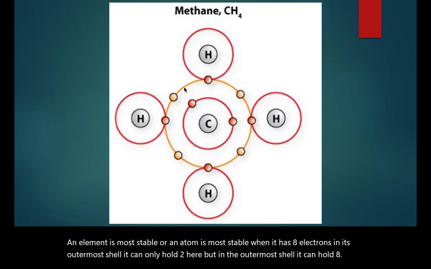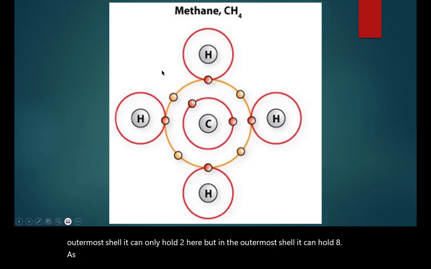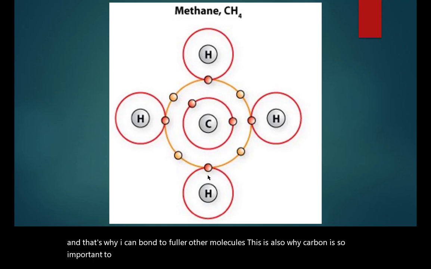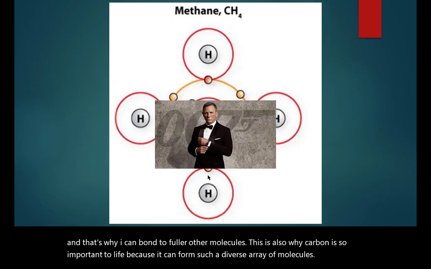Carbon has 4 electrons normally in its valence shell, which means it can add 4 more. And that's why it can bond to 4 other molecules. This is also why carbon is so important to life, because it can form such a diverse array of molecules because of the number of bonds it can form.